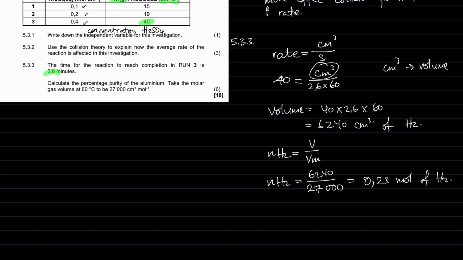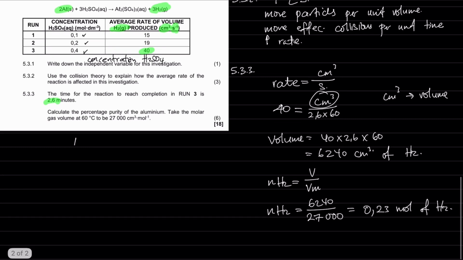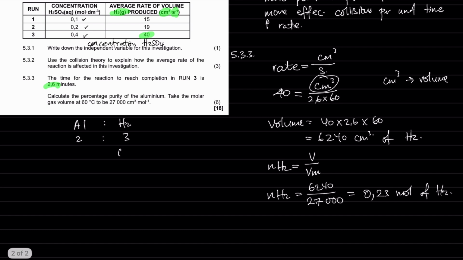But remember, we want aluminium. So we now need to do a mole ratio between H2 and aluminium. If you look at our reaction, the ratio between aluminium and H2 is 2 to 3. Where am I getting those numbers from? The coefficients. But we don't have 3 moles of H2. We only have 0,23 moles.